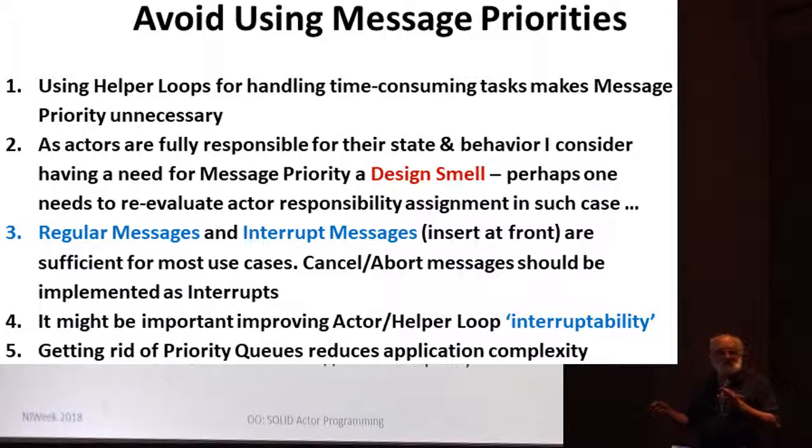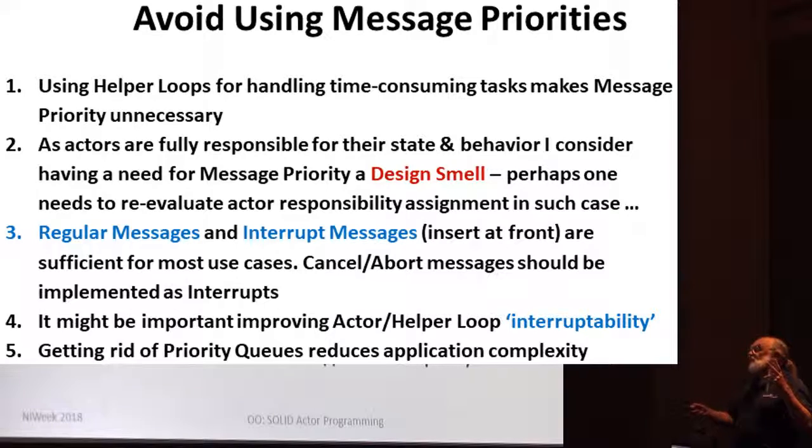This is a design smell. And if you absolutely need priority, then review how you assign the responsibilities between actors. Maybe you did it in the wrong way. So the last one, if you still need priorities, the maximum number is 2.